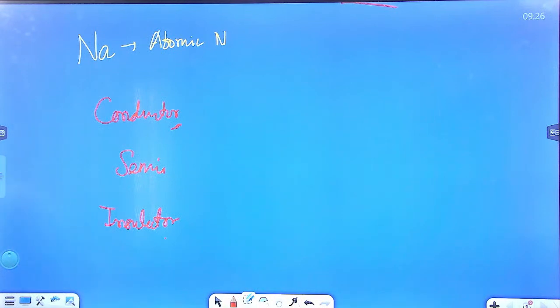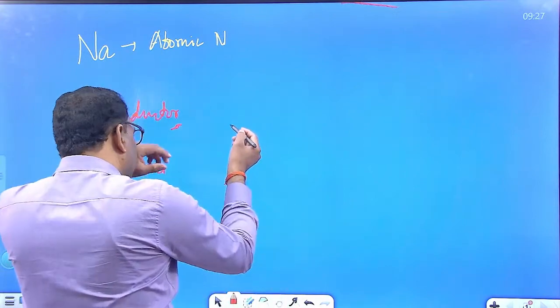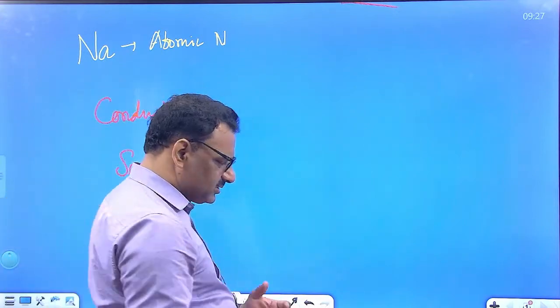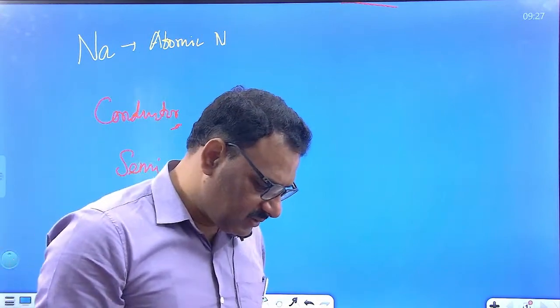So how can we differentiate? On the basis of this band diagram, for conductors we have basically four situations.